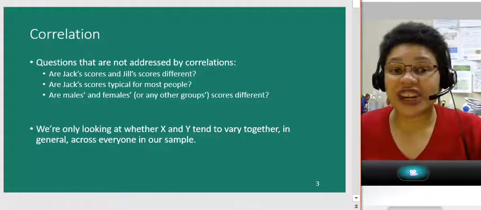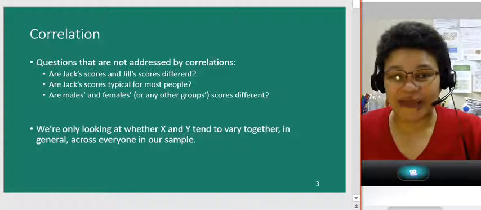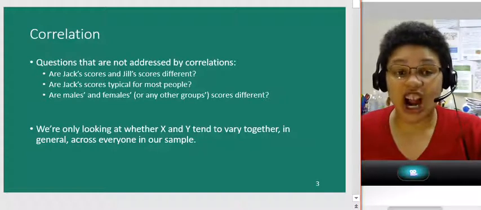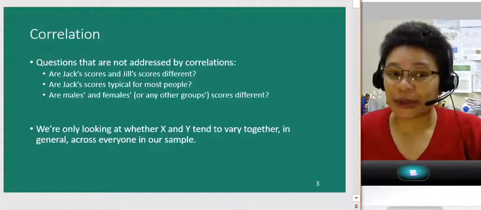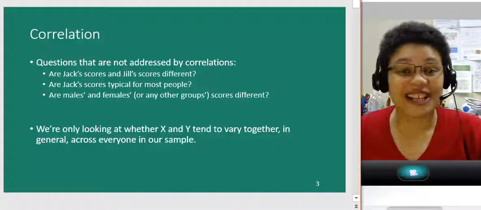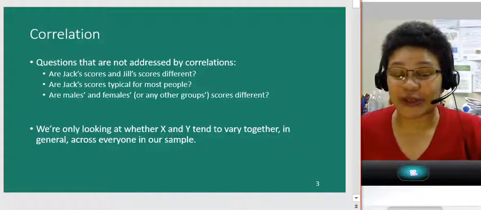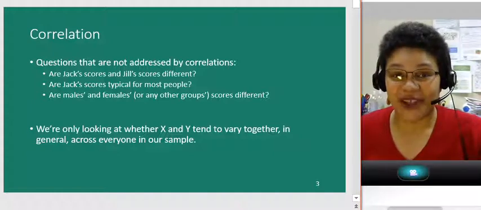Some questions that are not addressed by correlations are questions like, are Jack's scores and Jill's scores different? Are Jack's scores typical for most people? Are males and females, or any other two groups, different in their scores?